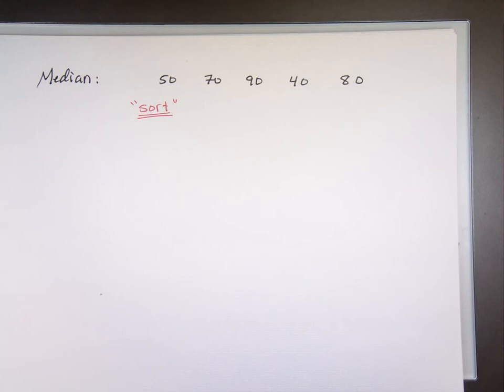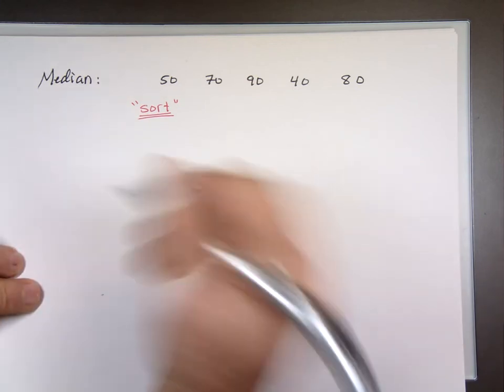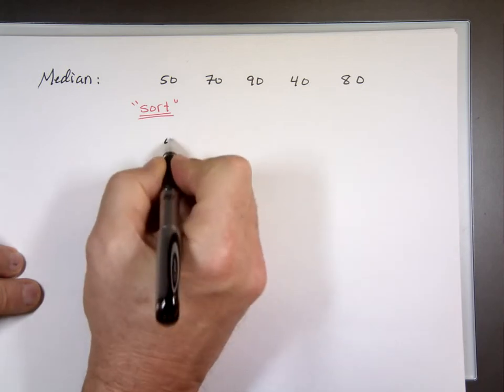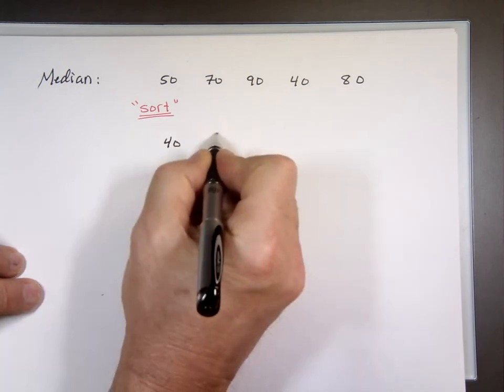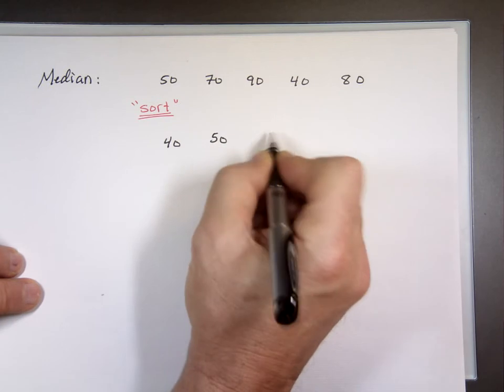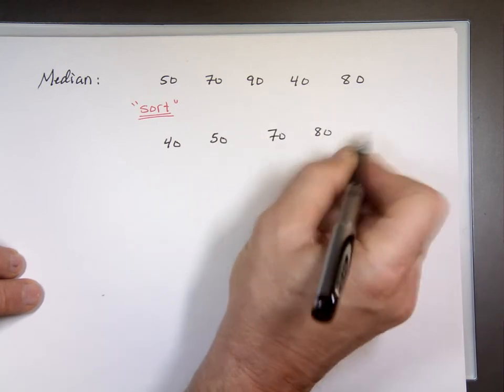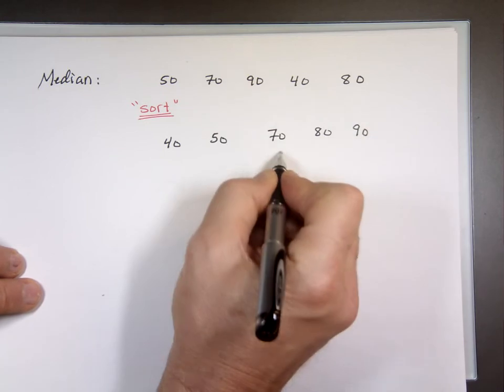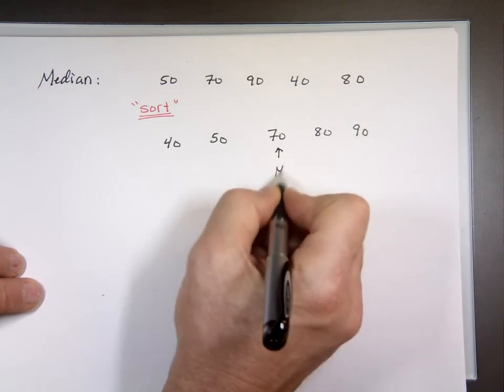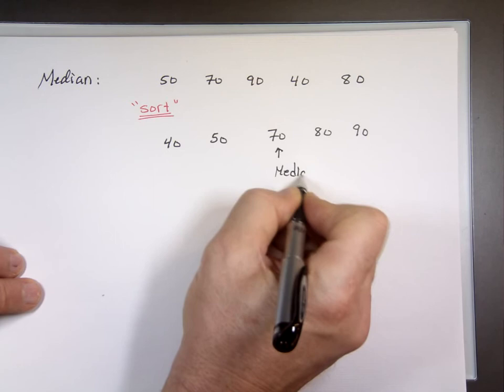If you put the numbers in order from small to large or large to small, it doesn't really matter. You end up with what? 40, 50, 70, 80, 90, and that's your median. That's the middle value.